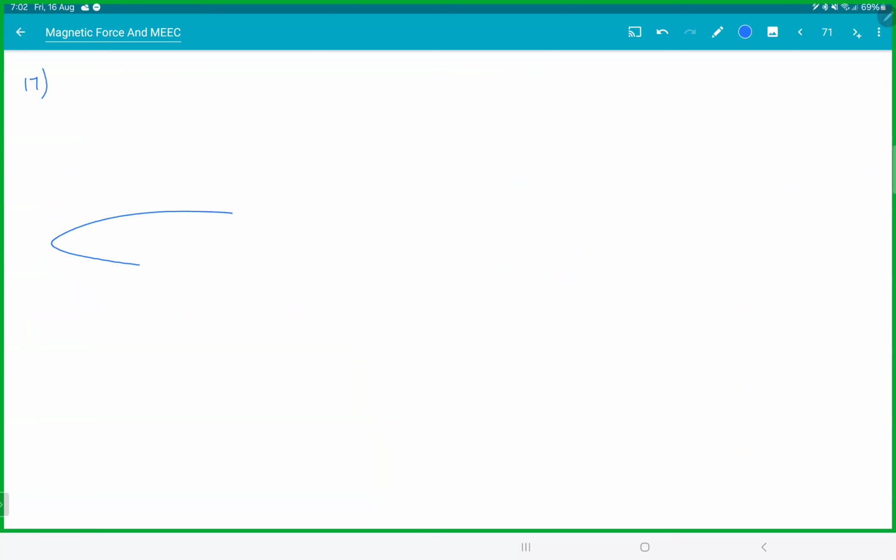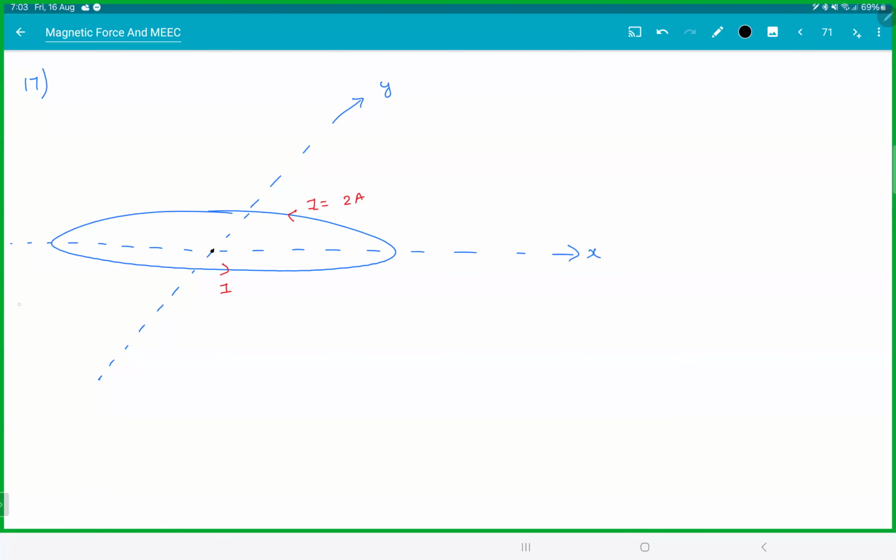Next one, we have a coil. This is your x-axis. This is your y-axis. The coil is carrying current I equal to 2 amperes. So this coil is hinged along this line.